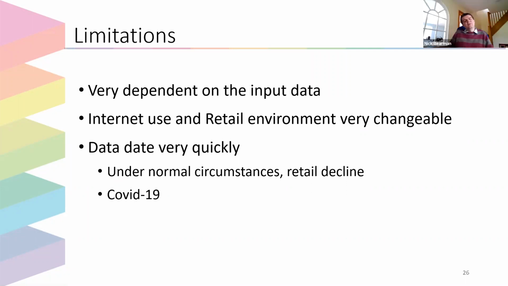It also struck me that the input data will date very quickly. We can do our analysis, but the retail landscape and the internet use landscape has changed dramatically since the impact of COVID earlier this year. So would we then have to do another clustering with our updated data to see how that impacts?